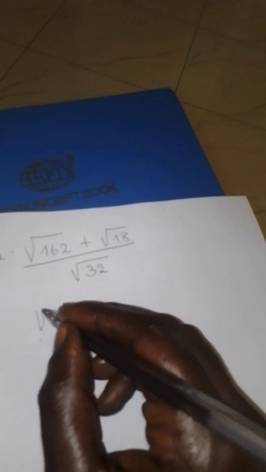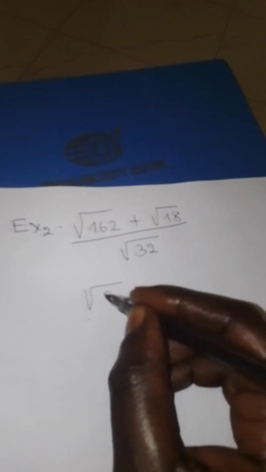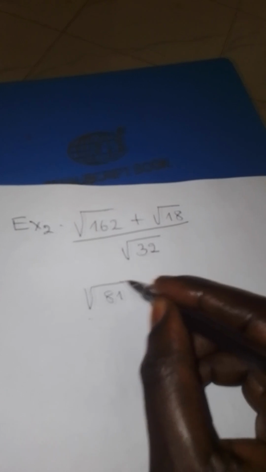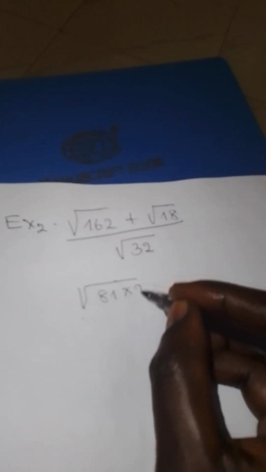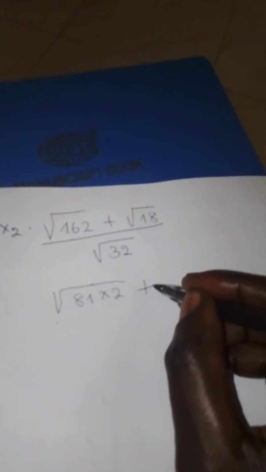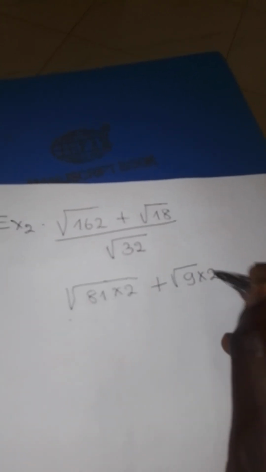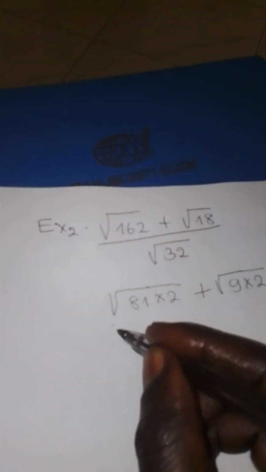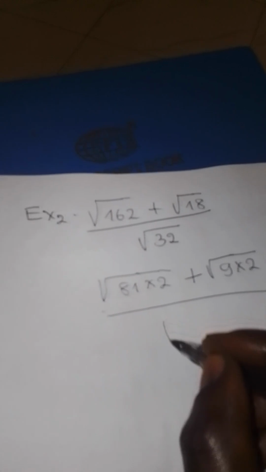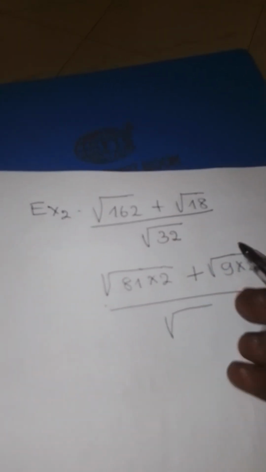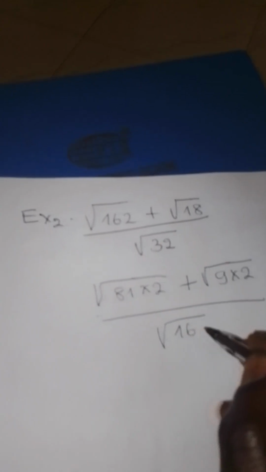Now here we write square root of 81 times 2 plus root 9 times 2, all over root 32. Then we write 16 times 2.